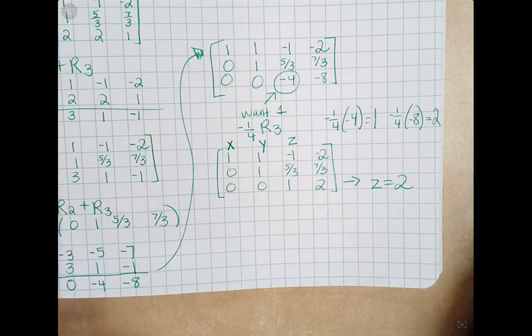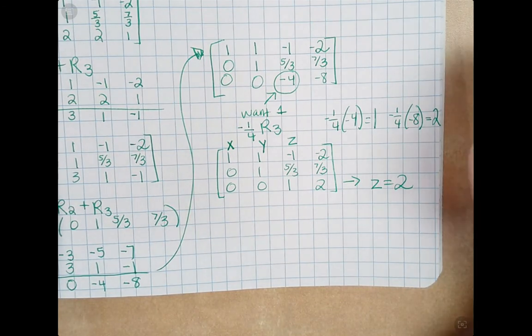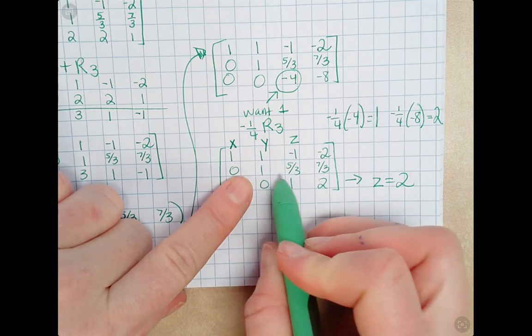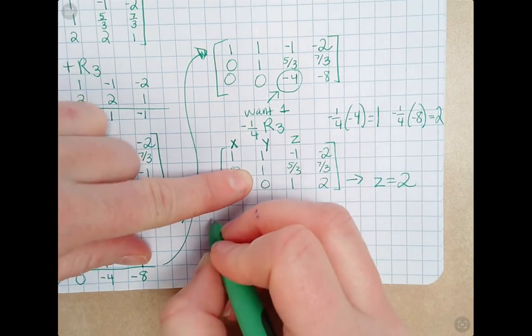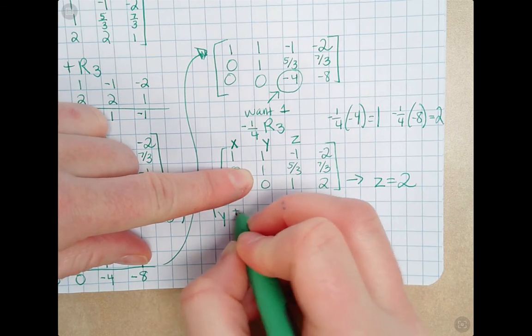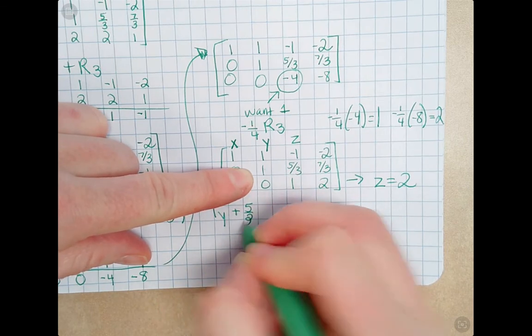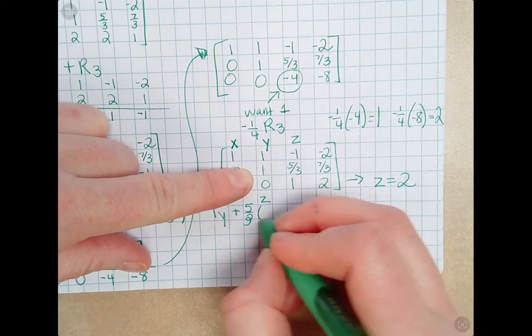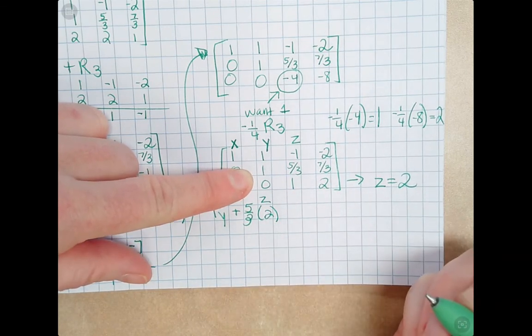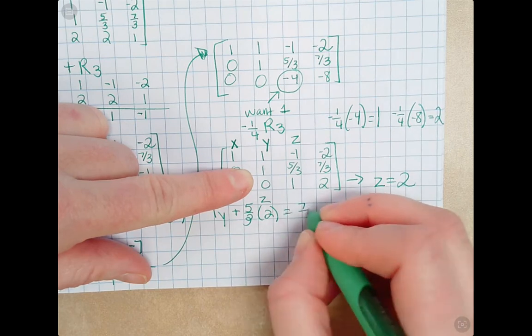So then all that's left is to do some substitution to find x and y. So now we would use the second equation and see that that is 1y plus 5 over 3 times z. But we know z is 2, right? Equals 7 over 3.